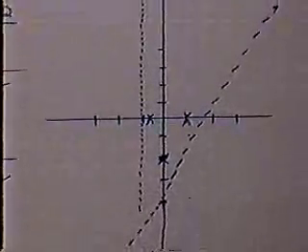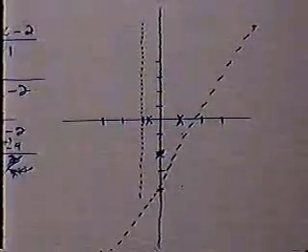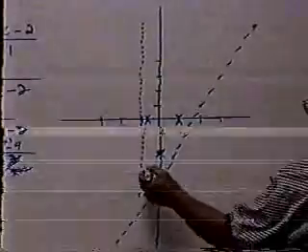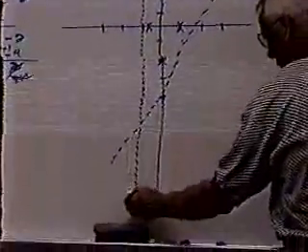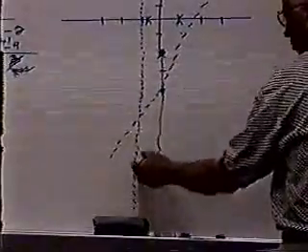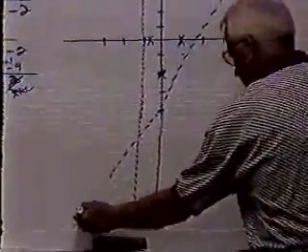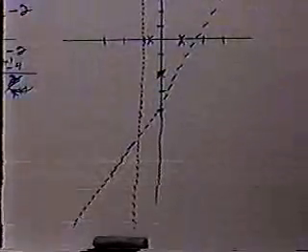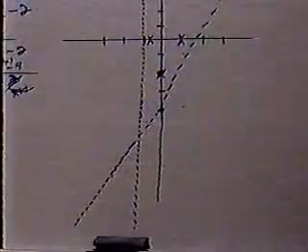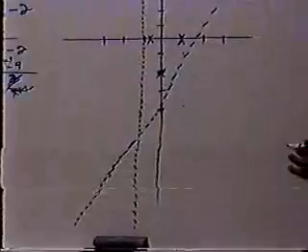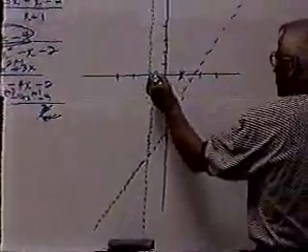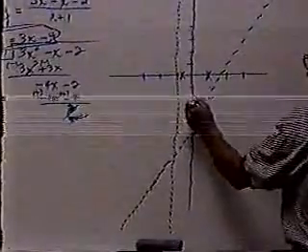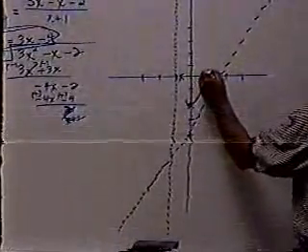All right, now let's see. I want you to look down here now. We have this vertical asymptote going down here, and we have this slanted asymptote coming up here. So let's back off so we can see all of this. The curve has to cross here, and it has to cross here.